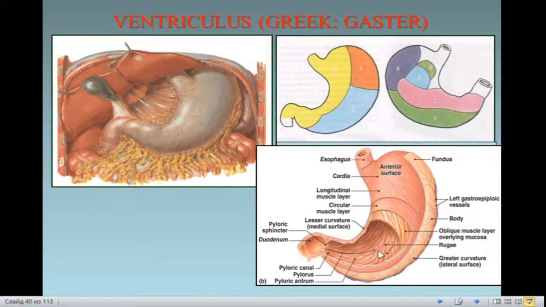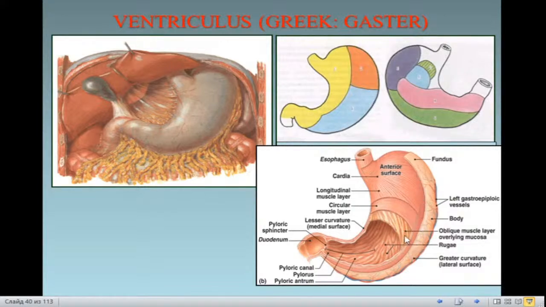The innermost layer in the stomach is again called mucosa. Below it we have the submucosal layer or tela. And the muscular layer is represented by three coatings, three strata: circular, longitudinal, and oblique.